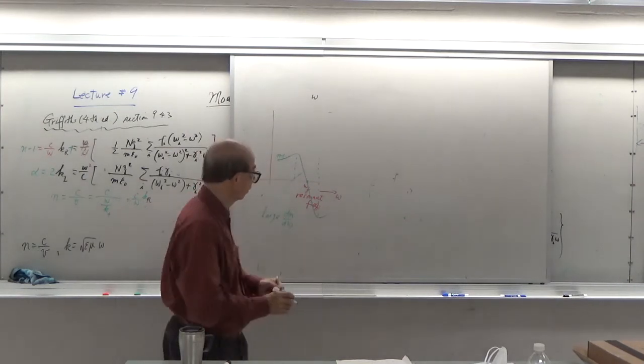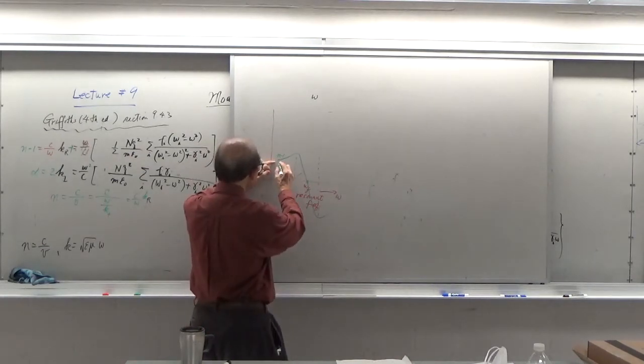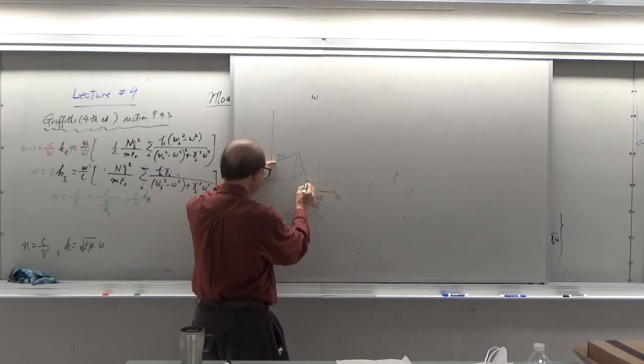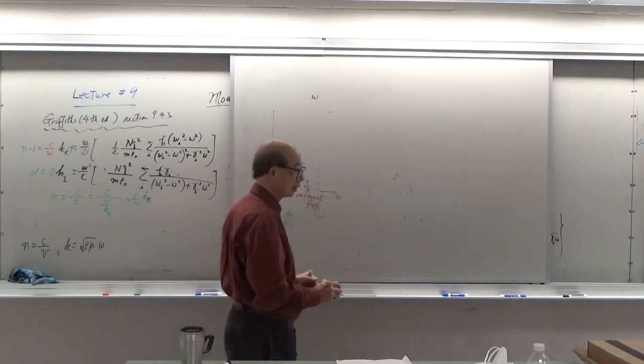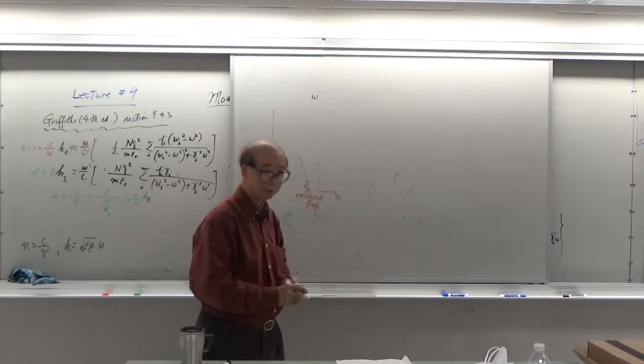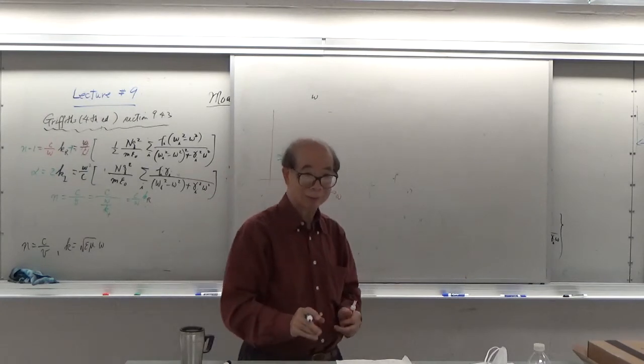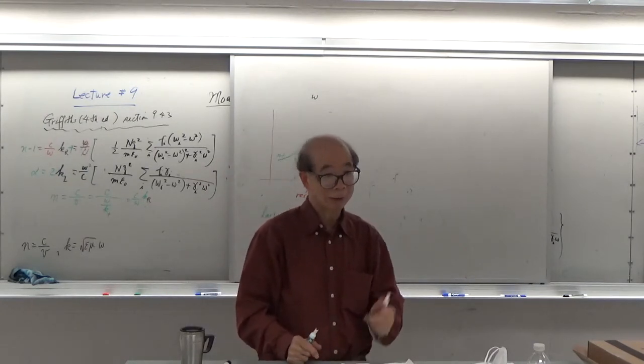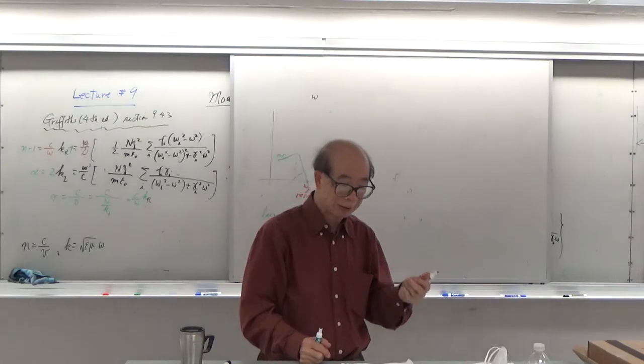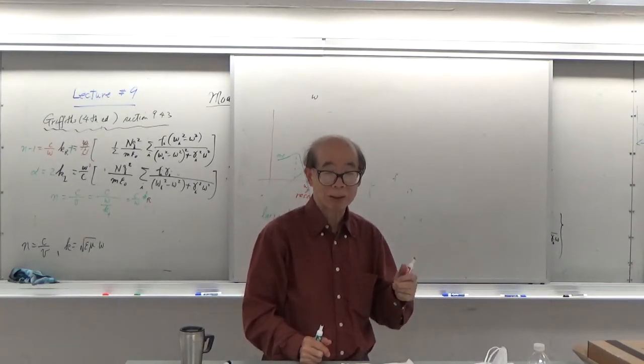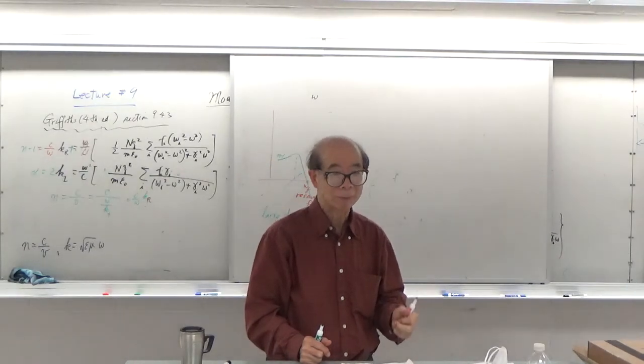Not only that, you see that n minus 1 is 0 here, then it's below 0. That means that n would be less than 1. If it's less than 1, does it mean that in fact the wave propagates with speed larger than the speed of light c in vacuum?